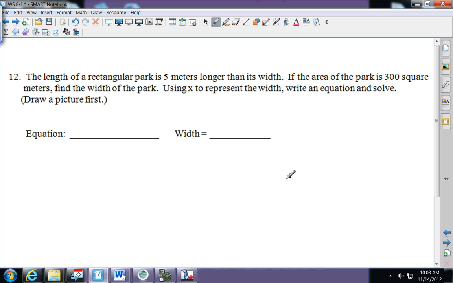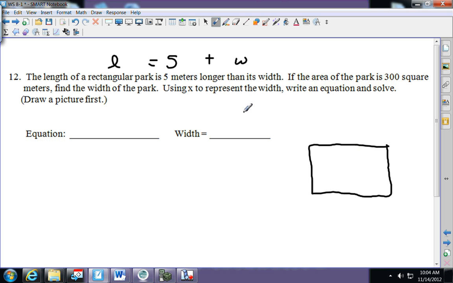Anytime they talk about rectangular parks, a box, a room, I always draw my picture. It says that the length is 5 meters longer than the width. We don't know what the width is, so we're going to leave that as W. So the length is 5 plus W. I know the area is 300. What's the formula for area?